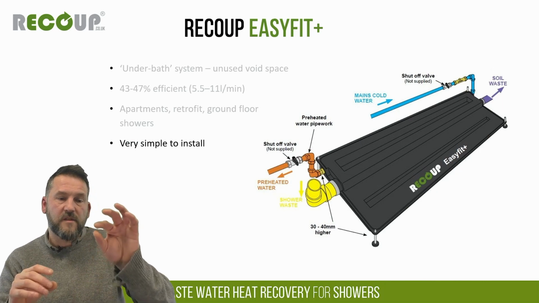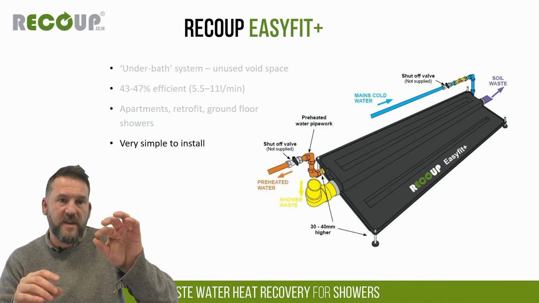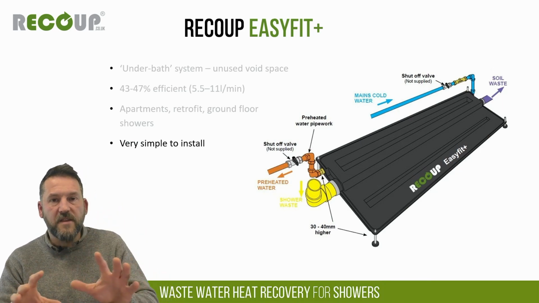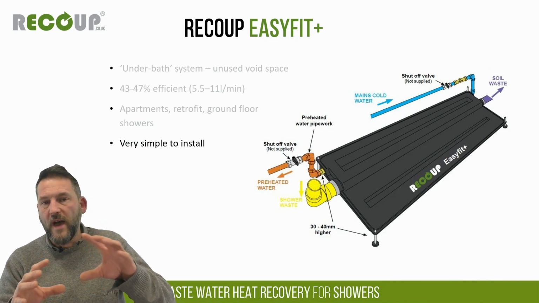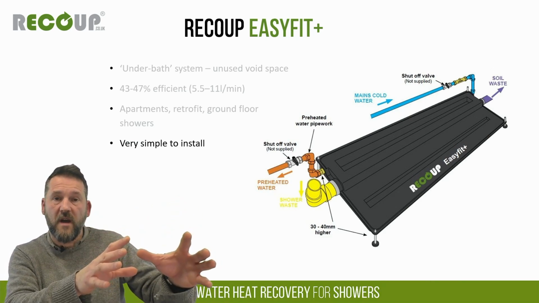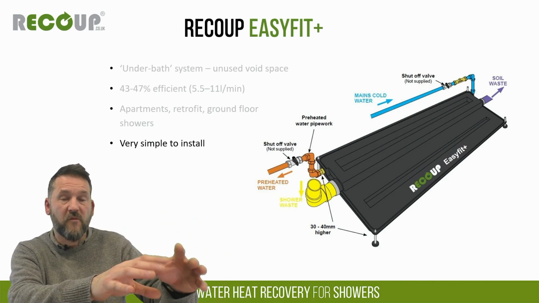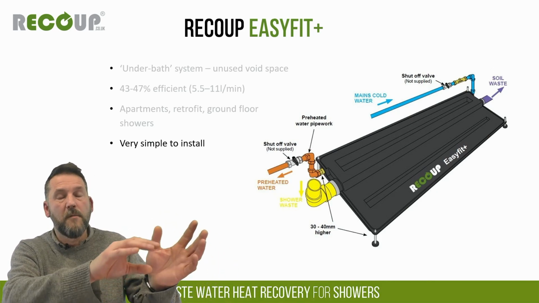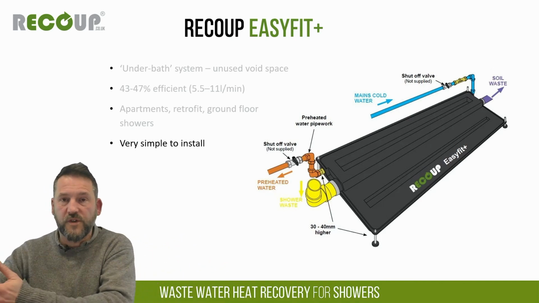But also because the exchanger is 2mm above the base of the pan, at the end of use, if there's any debris or hair that has come through from the trap, and obviously the bath trap or the shower trap remains in place and does the heavy lifting, anything that does come through will just wash straight out through the unit.